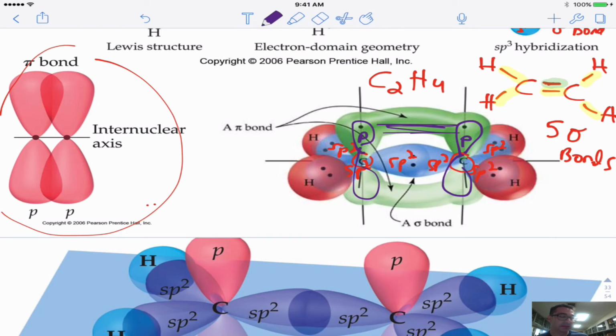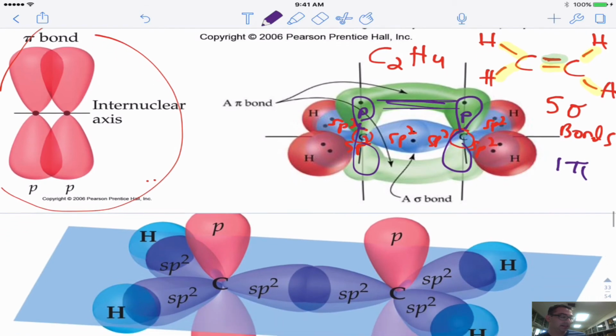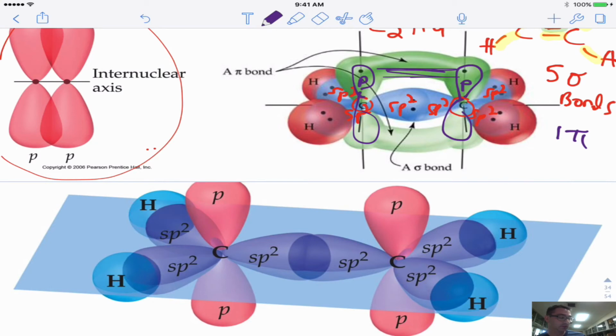It looks almost like the letter pi. Now, this means that there's one pi bond. And I show you the same molecule down here, C2H4, all labeled up. These p orbitals that are up here, they have this side-to-side overlap. It could be above or it could be below.